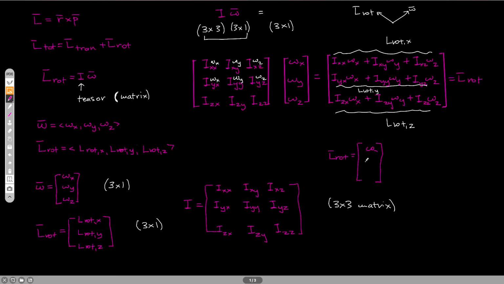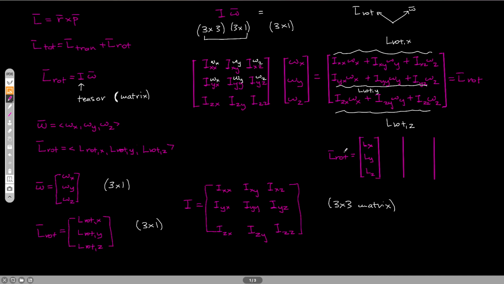Okay, let's do this again. So L rotational is, this is the x component, that's the y, and that's the z.